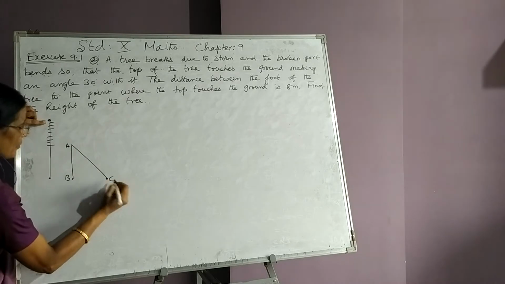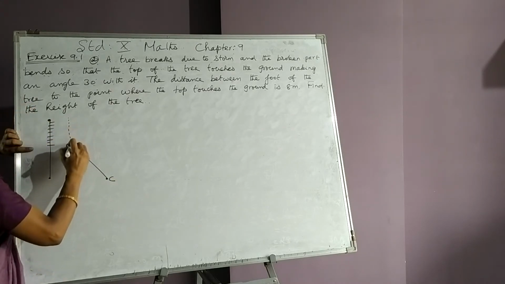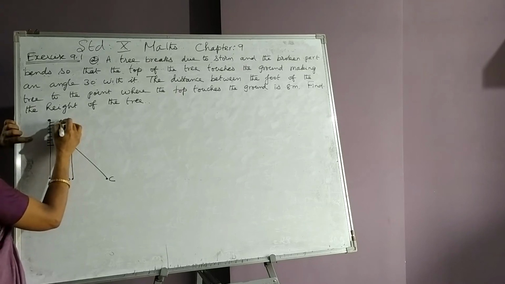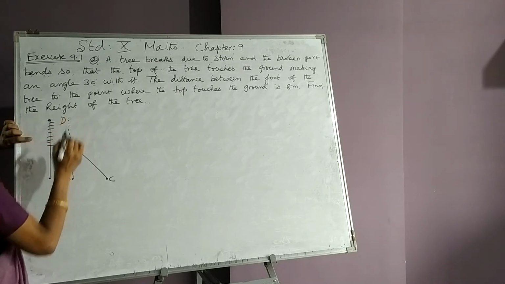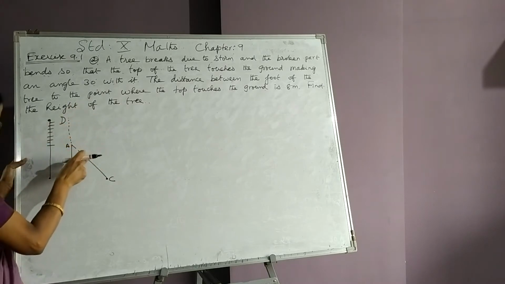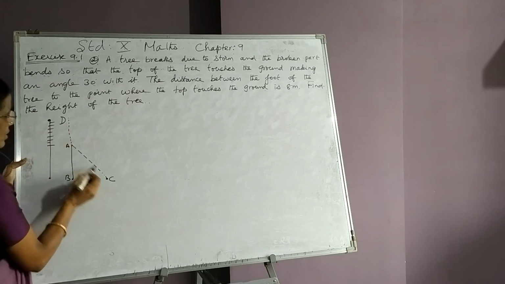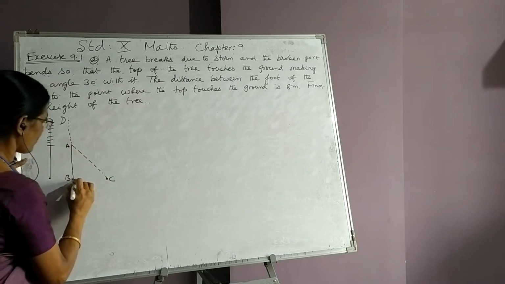So AC and this part are the same. I draw the figure like this. I take this as AD. So this part is nothing but AC here. To indicate these two are equal, I draw this also as dotted lines.